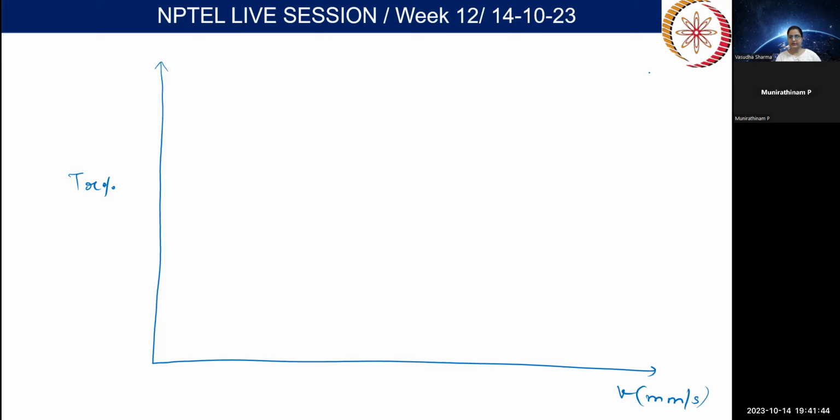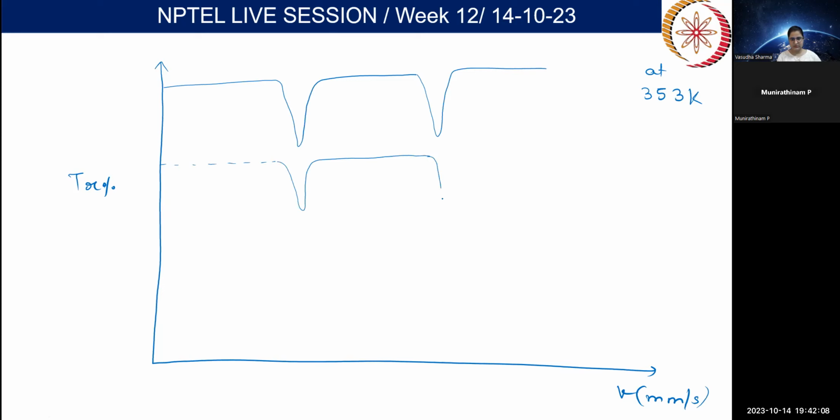So firstly, at 353 Kelvin, we got this kind of peak. After that, we started seeing that this blue trace is decreasing with lowering of the temperature, and ultimately it vanishes.